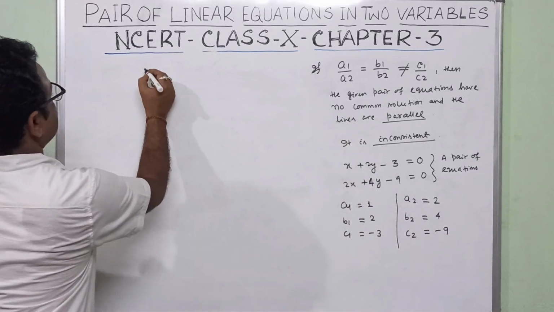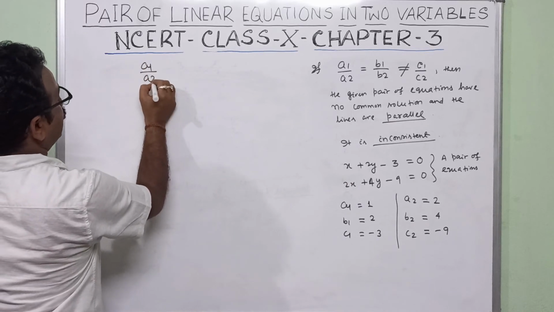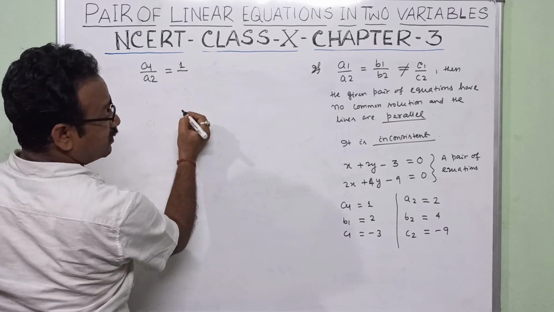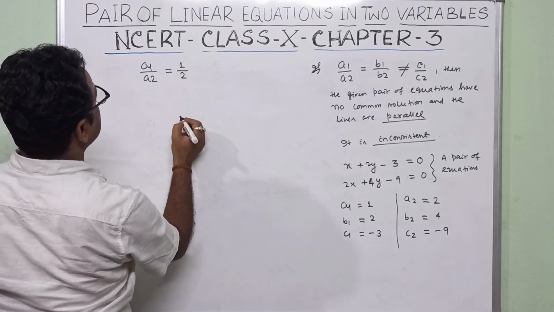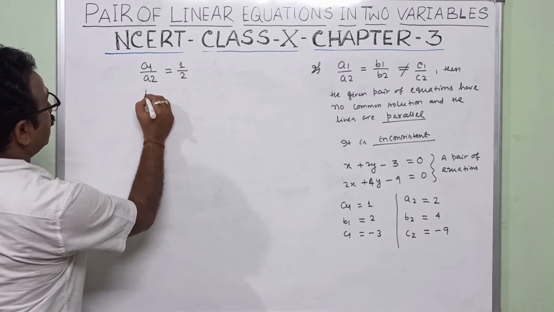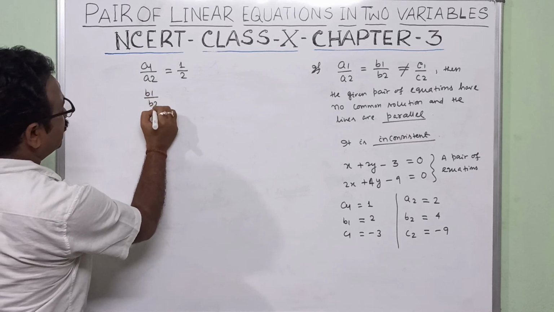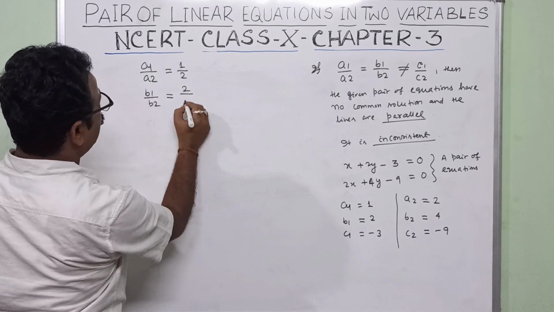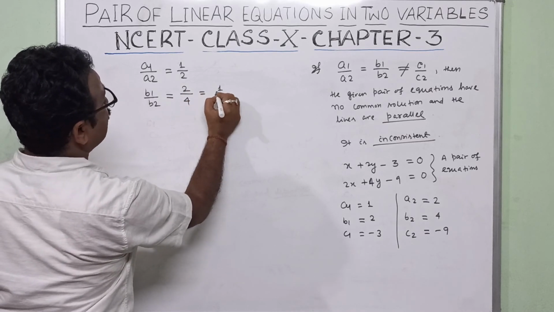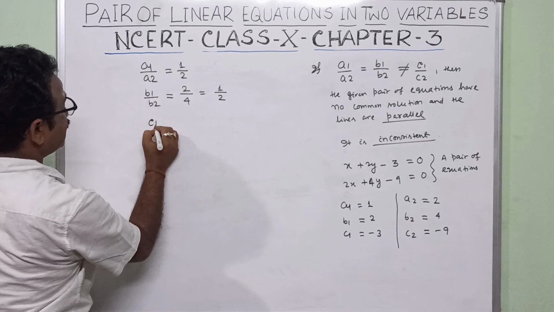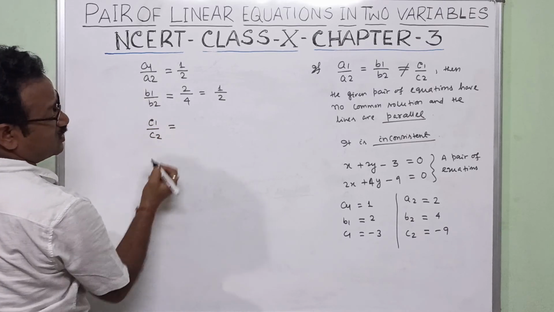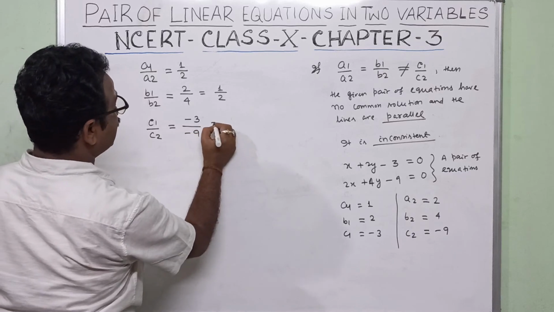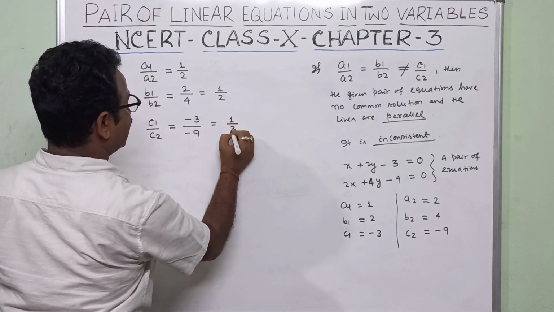Now find out. A1 by A2 is 1 by 2. Now B1 by B2 is 2 by 4, so cancelling we get 1 by 2. Now C1 by C2 is minus 3 by minus 9, equal to 1 by 3.